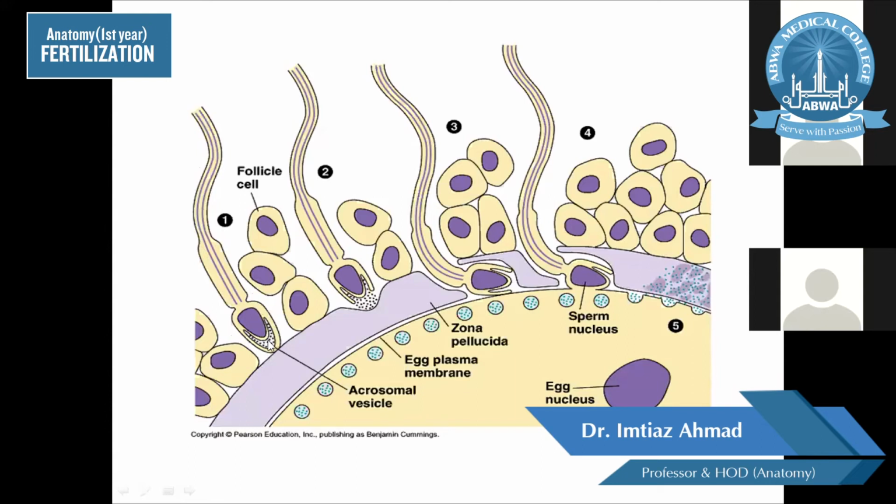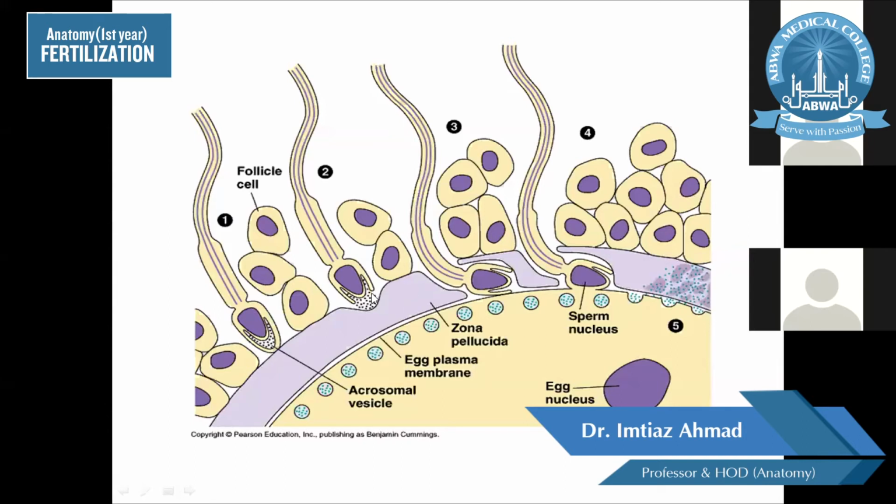The sperm has a vesicle, or a cap-like structure full of enzymes, known as the acrosomal vesicle. This layer would unite with the plasma membrane of the sperm head, and from here small holes will be created, and through the holes the enzymes would come out.